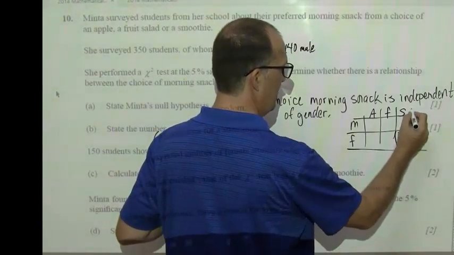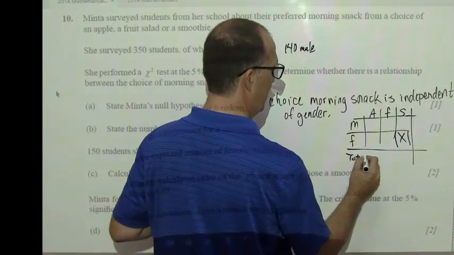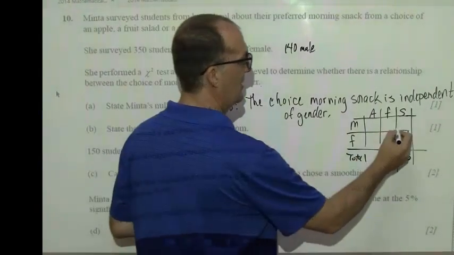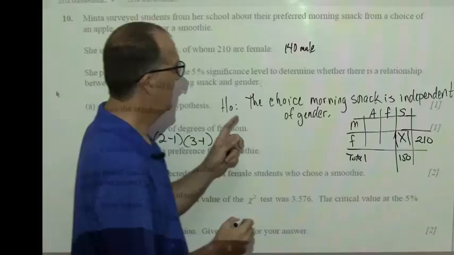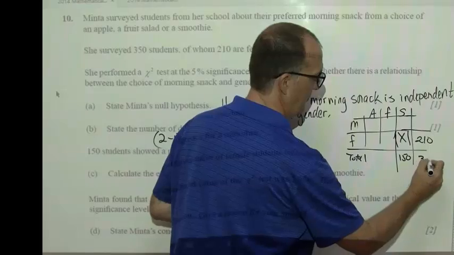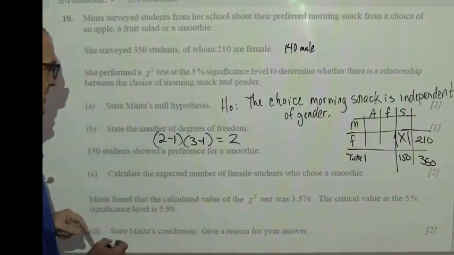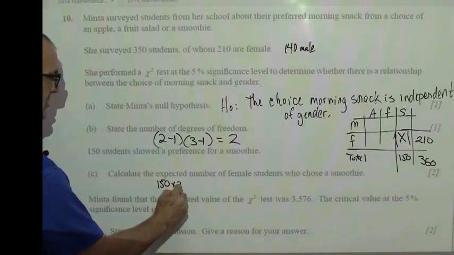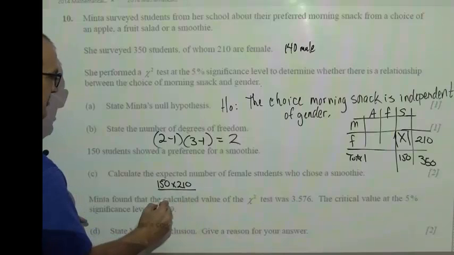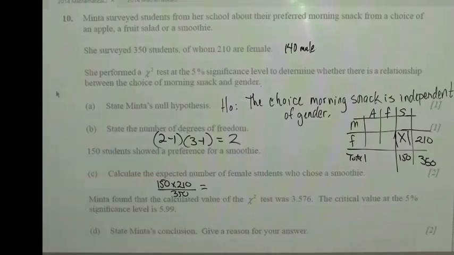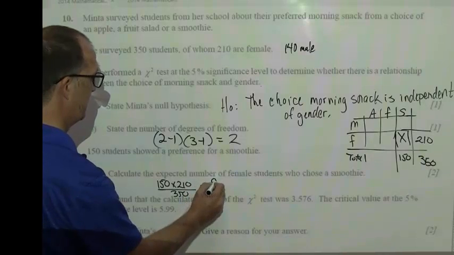So if I were completing my table of totals, I have 150 who chose smoothie, I have 210 who were female, and 350 was the total. And the way we calculate the expected value is to take the 2 totals multiplied, divided by the overall total. And that we calculate to be the expected value of 90.